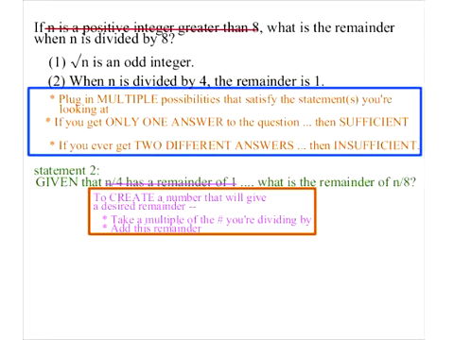So to make this happen here, to make n over 4 have a remainder of 1, you take multiples of 4 and you add 1 to it.